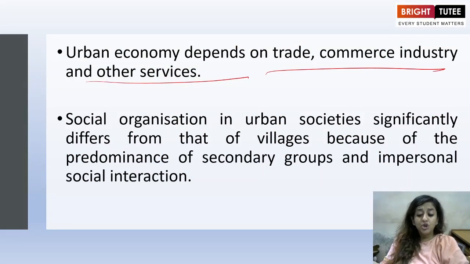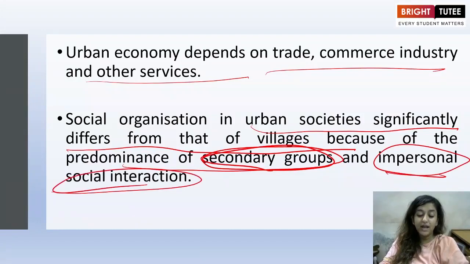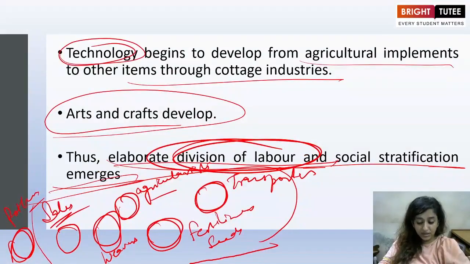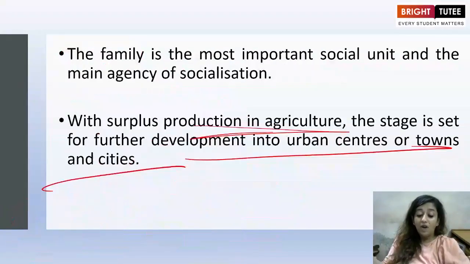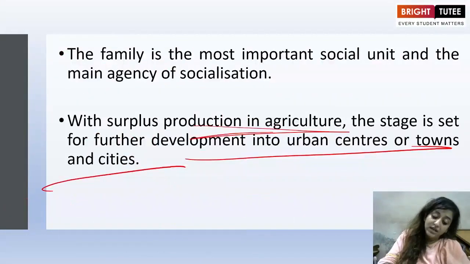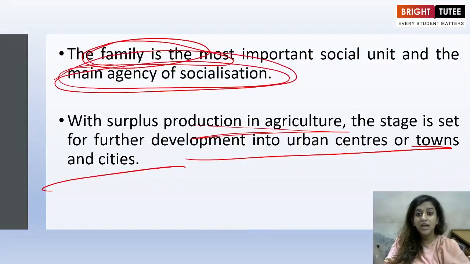Now, social organization in urban cities significantly differs from that of villages because of the predominance of secondary groups and impersonal social interaction. When we talked about agricultural societies, we said that family is the most important agency of socialization.